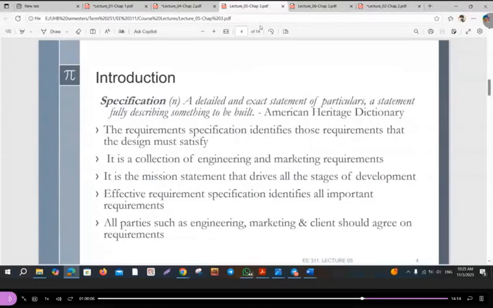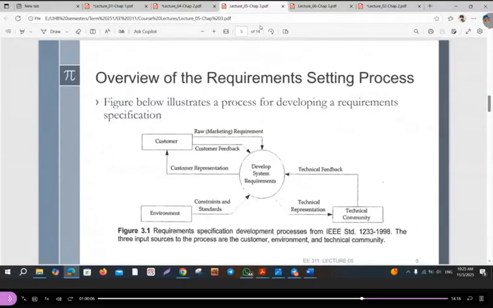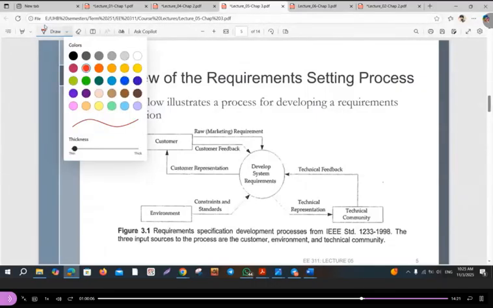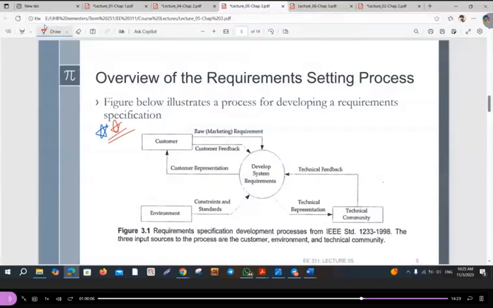One is that you have to have contact with the customer, take care of the environment, and make sure that it is supported by the technical community. Also, feedback is coming, technical representation is going to the technical community, and you are taking care of the environmental constraints. All these things you should know. We studied the 3 main stakeholders: customer, environment, and technical community. Yes, you should know this.